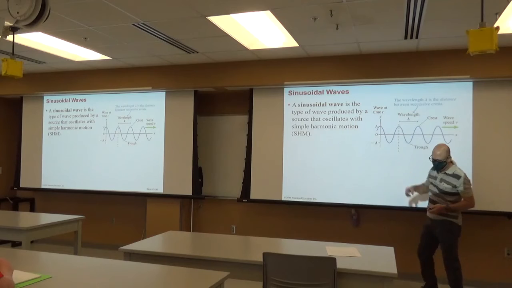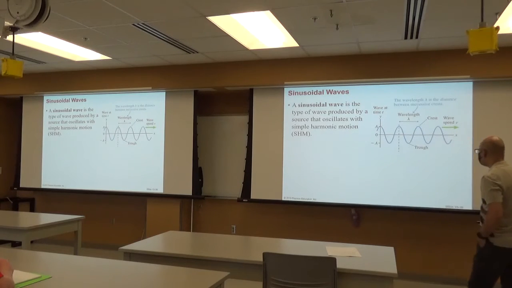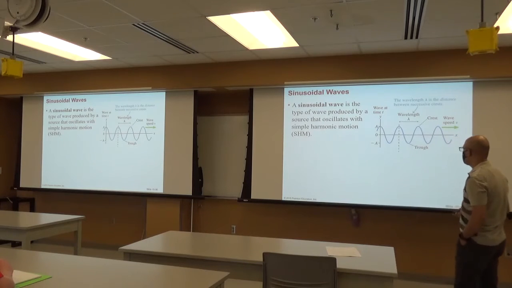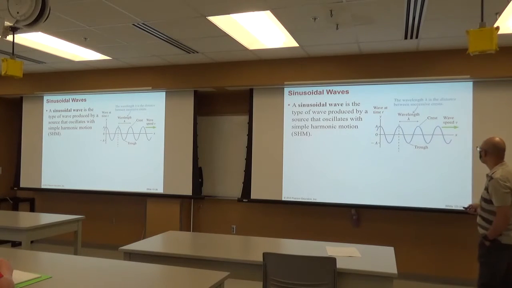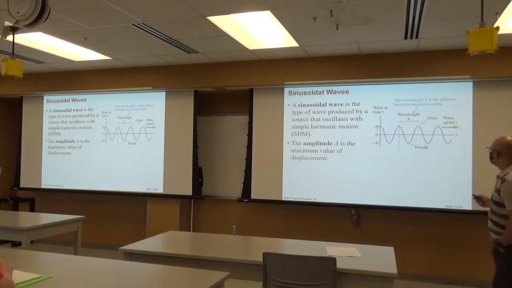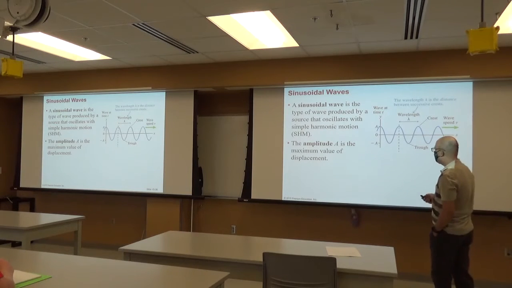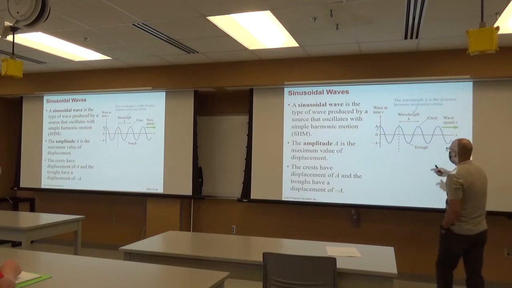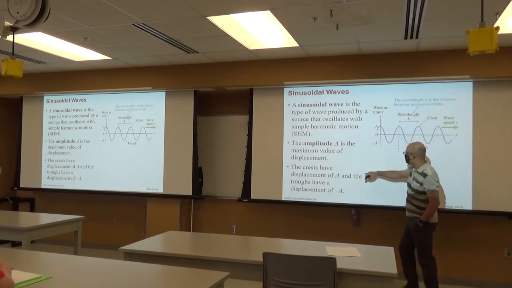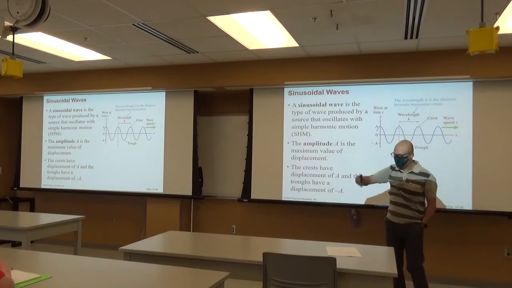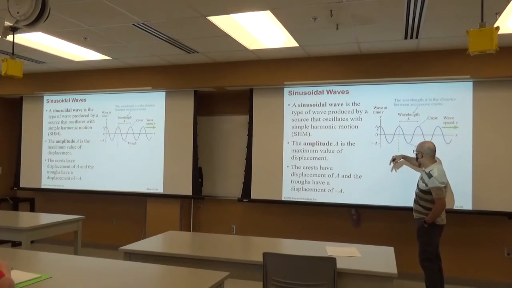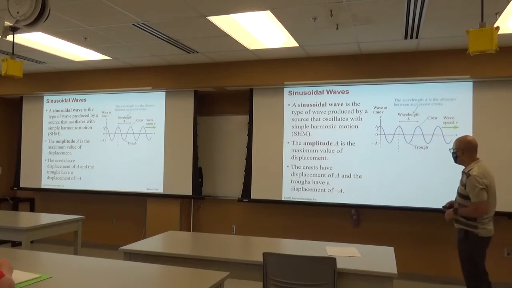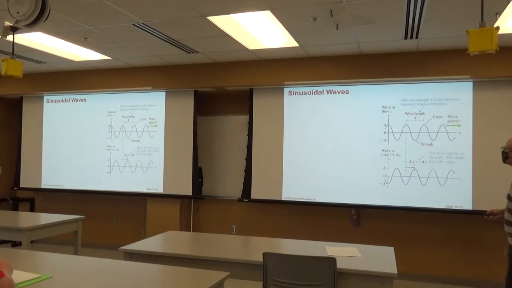You might have seen this in simple harmonic motion in Physics 1 also. If it is positive maximum, we write A, positive amplitude. If it is negative maximum, we write negative A, or negative amplitude.